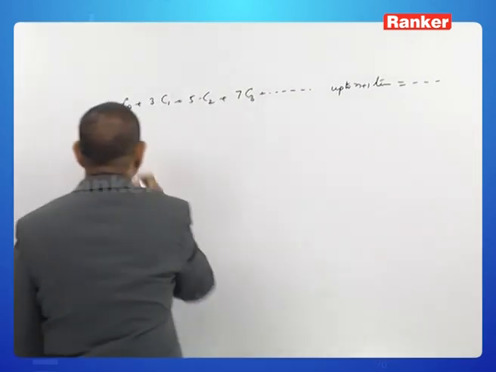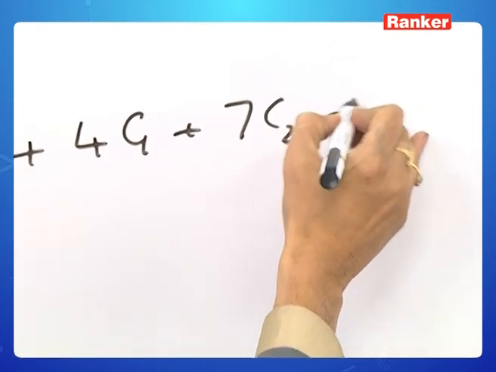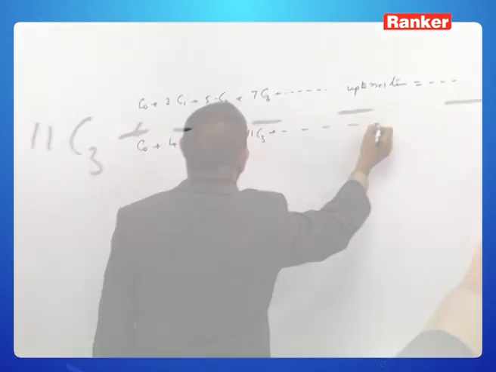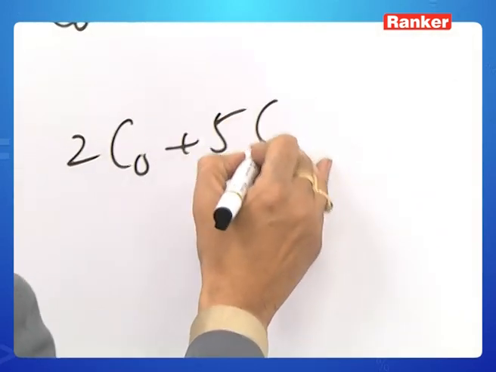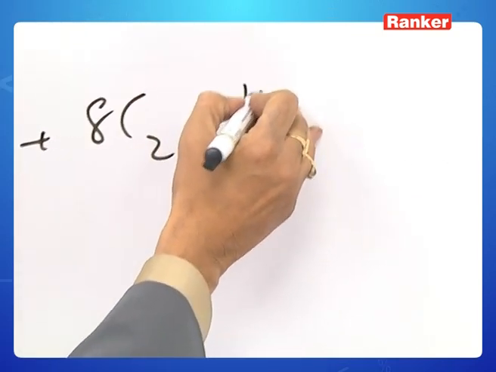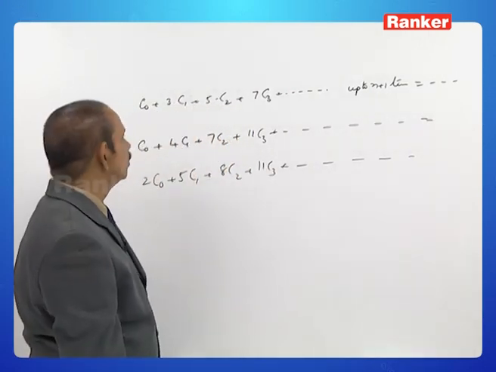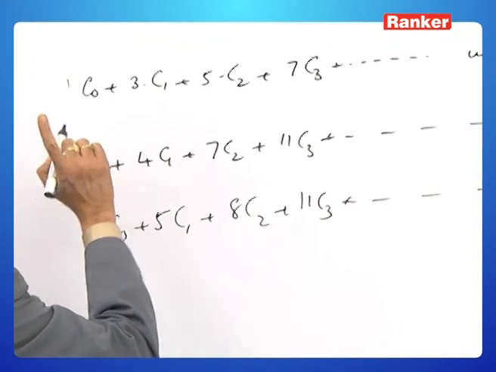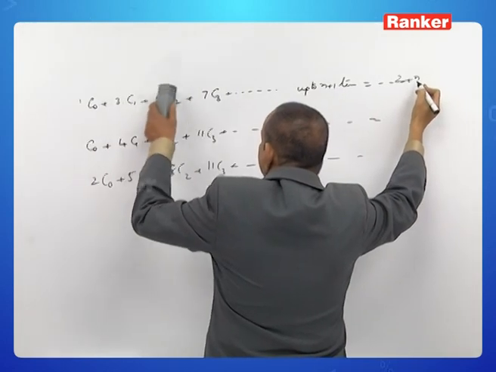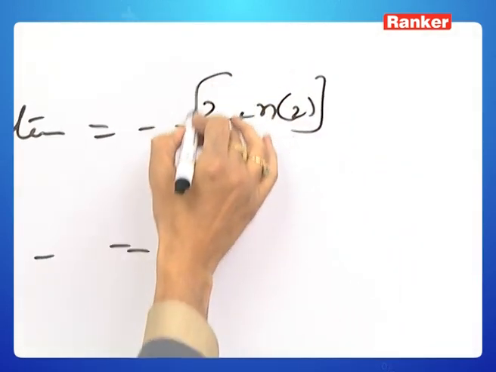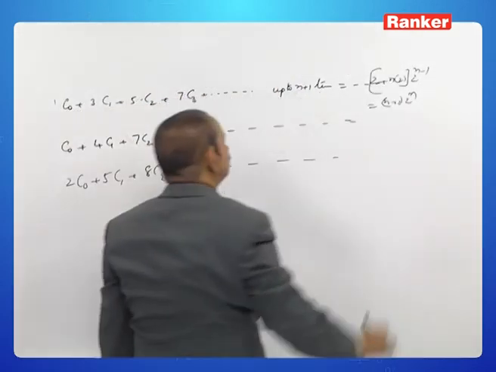How can you get this? This is (2a plus nd). What is a here? 1. 2a means 2, plus nd. The terms are 1, 3, 5, 7, so the difference is 2. The answer is (2 plus 2n) into 2 power n minus 1. This is nothing but (n plus 1) into 2 power n.